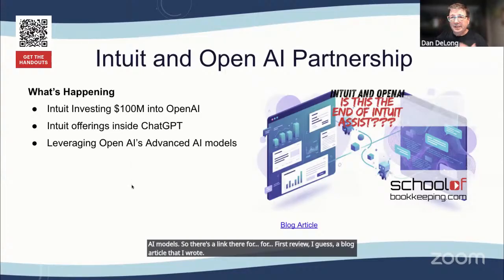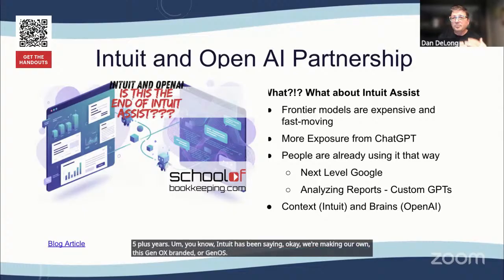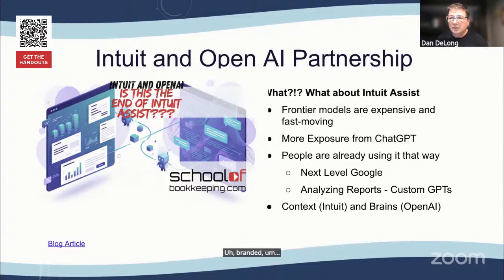One of the things that was intriguing about this announcement is that for the past 5+ years, Intuit has been saying, okay, we're making our own Gen OS branded large language model, which has shown up in QuickBooks as Intuit Assist.